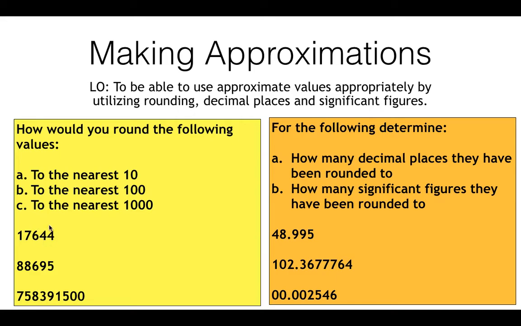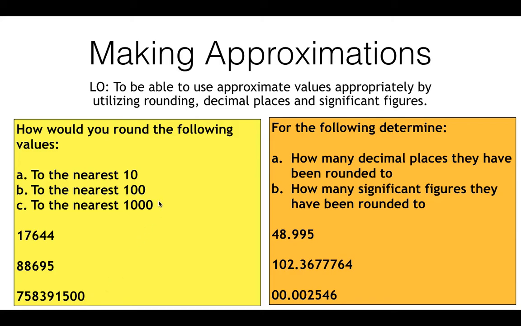Or in this case, is it less than 50 or is it more than 50? Well, here it's less than 50, so I'm going to round down and I get 17,600. Here it's more than 50, so I'm going to round up and I'm going to get 88,700. This final one here has got 2 zeros at the end, so you shouldn't have changed the number at all.